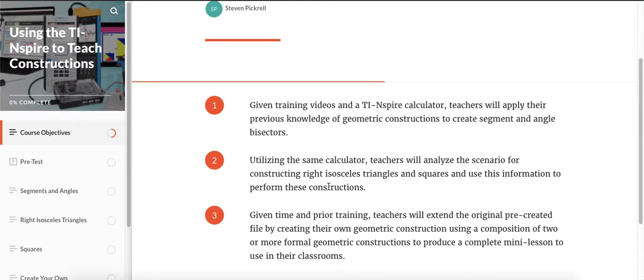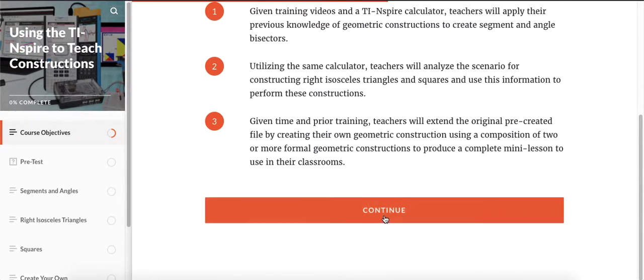Given time and prior training, teachers will extend the original pre-created file by creating their own geometric construction using a composition of two or more formal geometric constructions to produce a complete mini lesson to use in their classrooms.